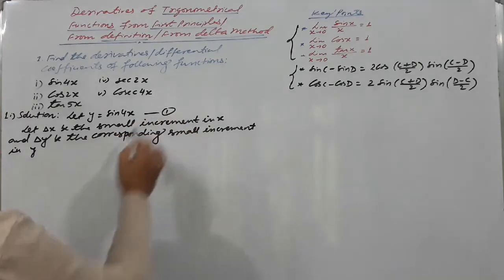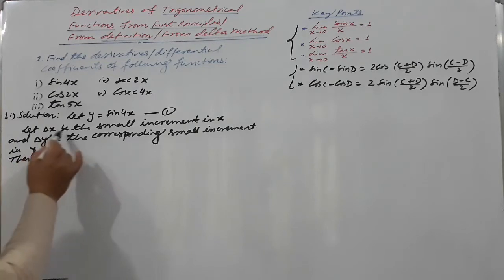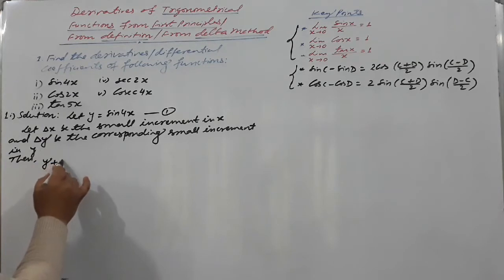Let's say this is your first equation. Then after this we can write y becomes y plus delta y.